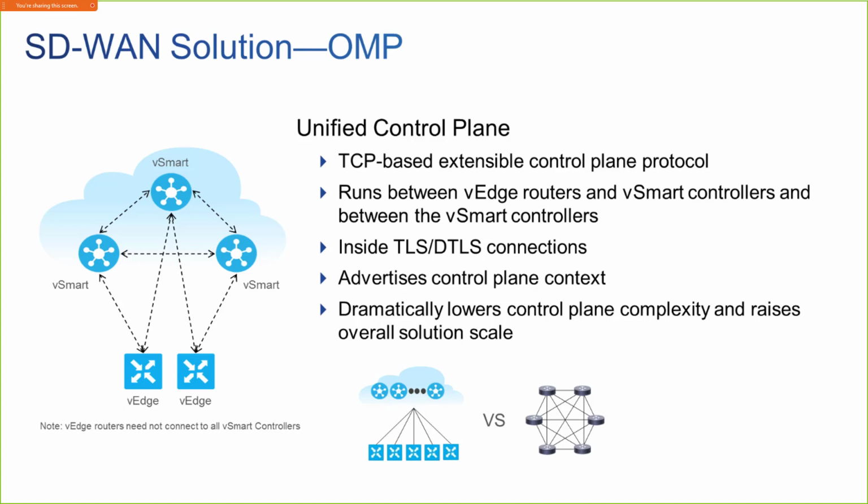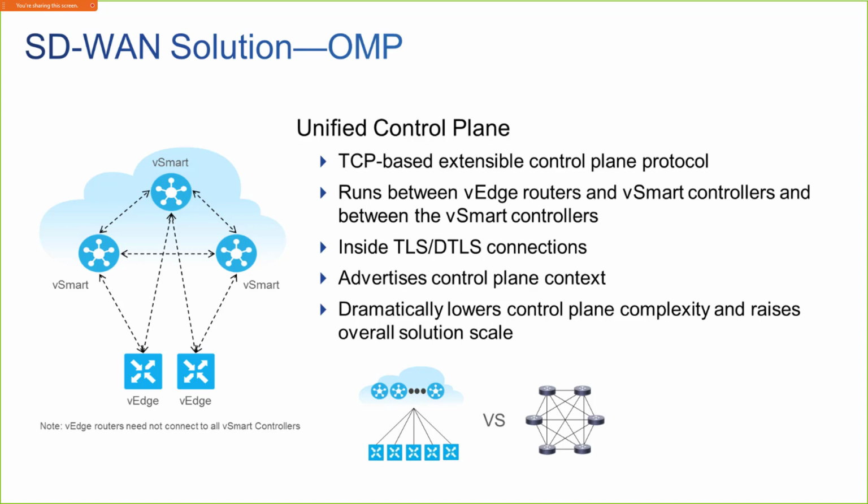And remember I mentioned in one of the previous lessons this route reflector concept. The vSmart controller is what acts like that route reflector. It's going to receive all the routes from the vEdge routers, all the policies, etc., and then it's going to advertise that information to the other vEdge routers in the overlay network.